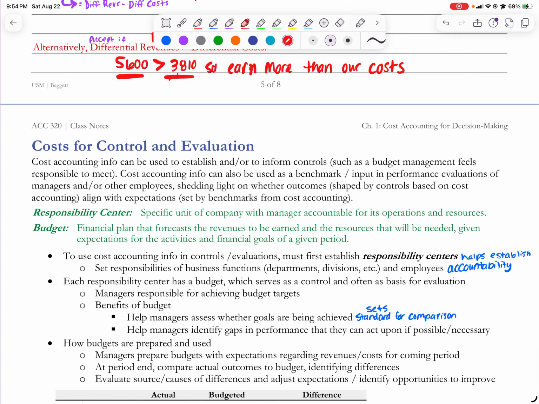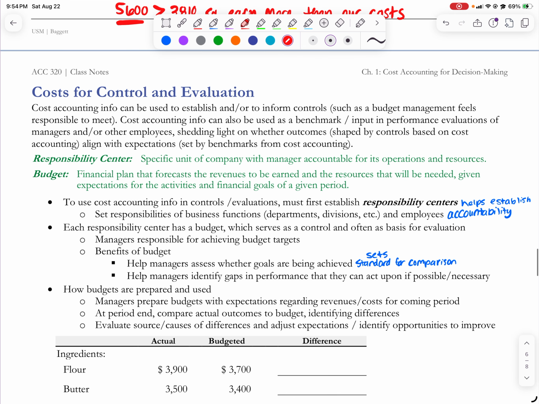So in that way, that cost info can help us evaluate alternatives. Cost info can also be used in controls and be used to help us evaluate our own performance and identify areas for improvement. Specifically, we typically mean used for controls and evaluations, as in these costs can filter into a budget.